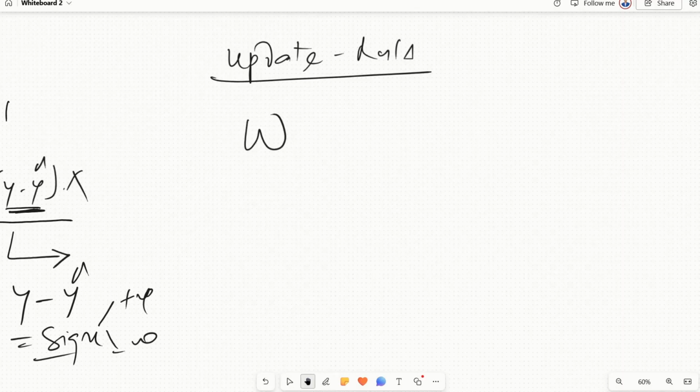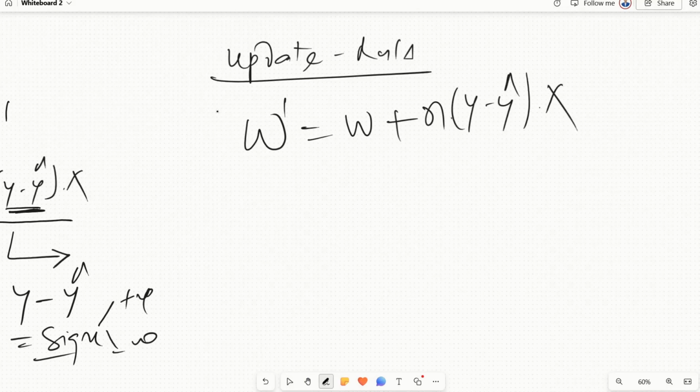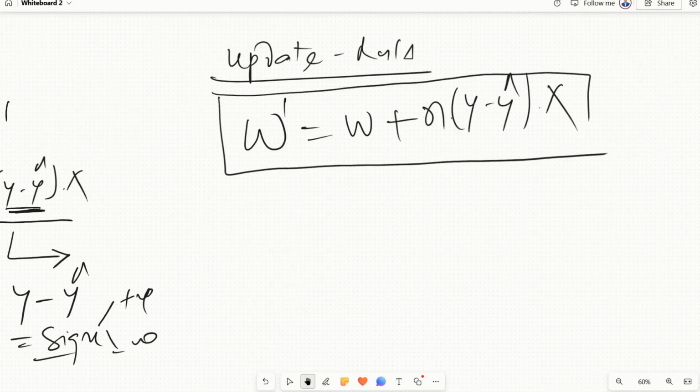Whenever you are training your perceptron model, you are updating your weight and bias. So how does the update happen? This is the equation for update. Your new weight will become the old weight W plus eta into y minus y predict into x. This is what you have to remember as part of the update rule.